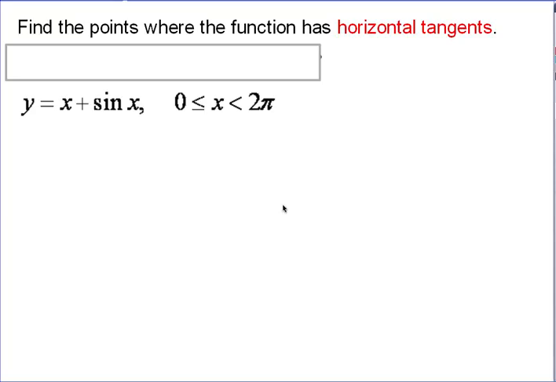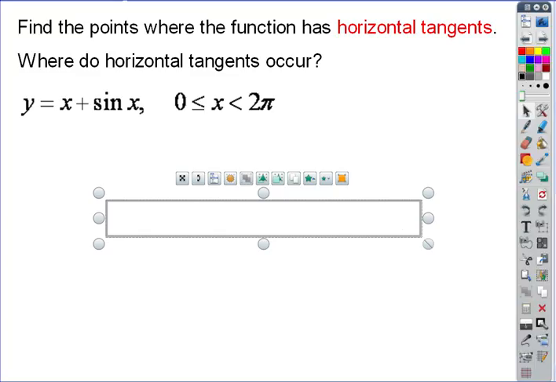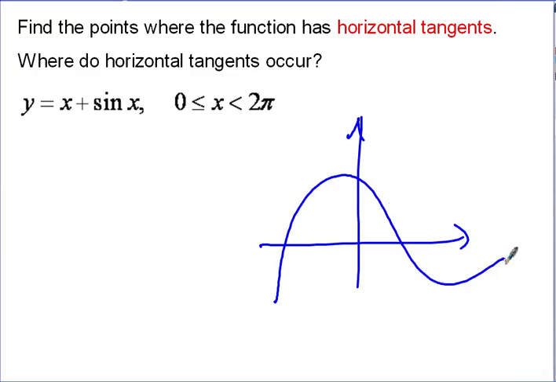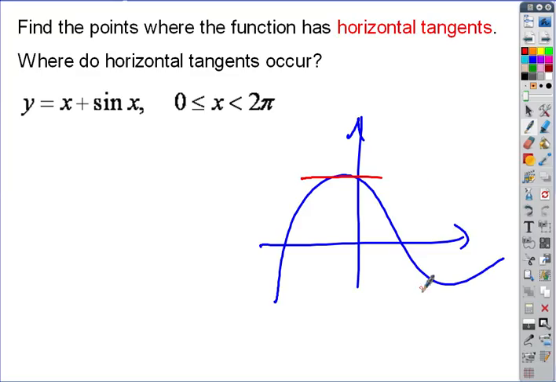Now, if I want to find the points where the function has horizontal tangents, I probably need to ask myself the question, where do horizontal tangents occur? Horizontal tangents are places where tangents to the curve are horizontal, like if my curve were to look like this, I would get horizontal tangents right there and right there.